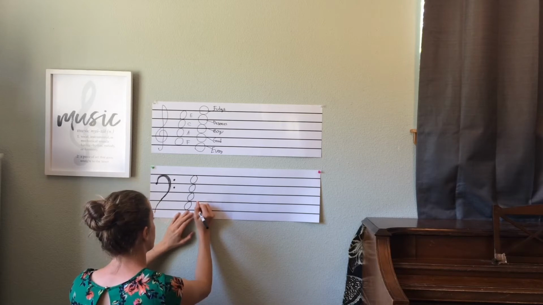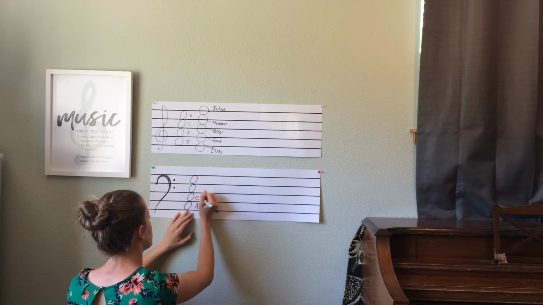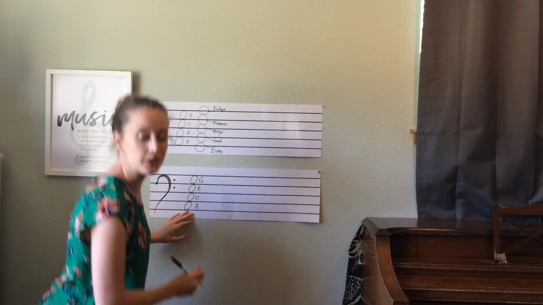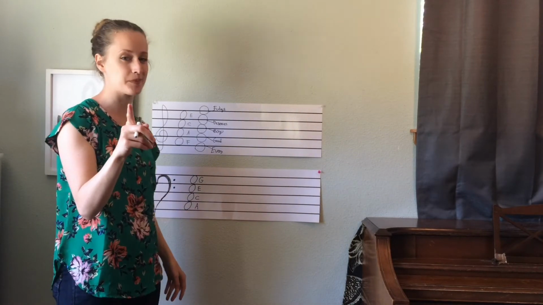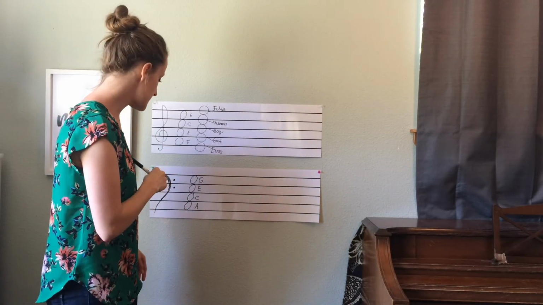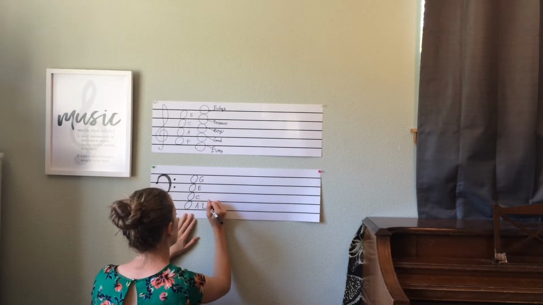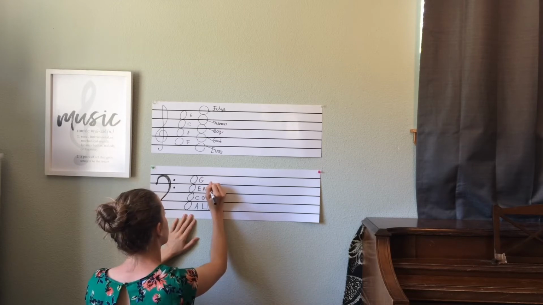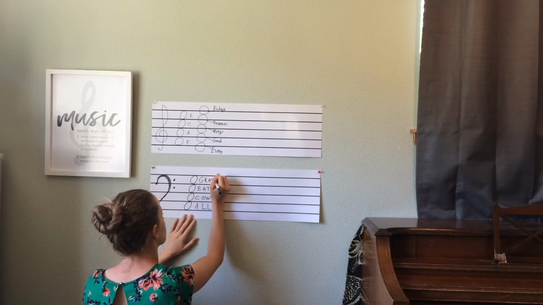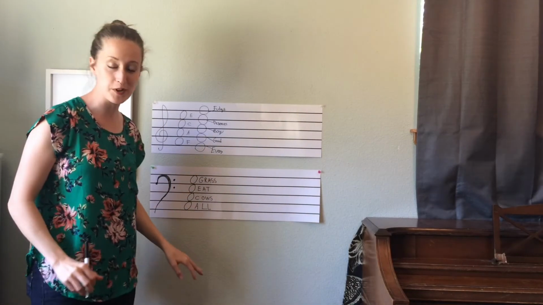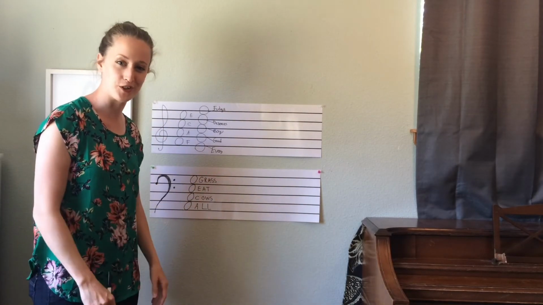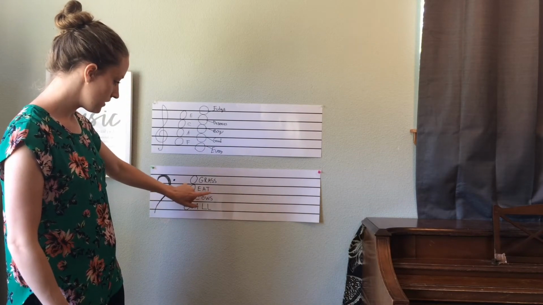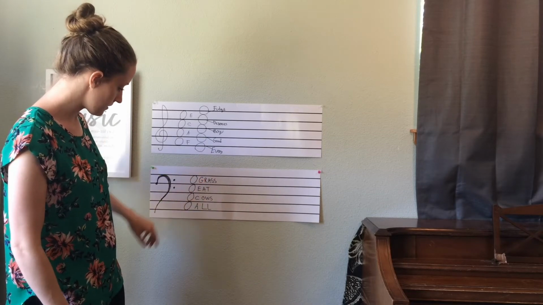So we have A, C, E, G. Now, a really fun acronym for this one that I want you to memorize if you haven't already is all cows eat grass. And the fun part of this acronym is it's very, very true and an easy one to remember. So, all cows eat grass.